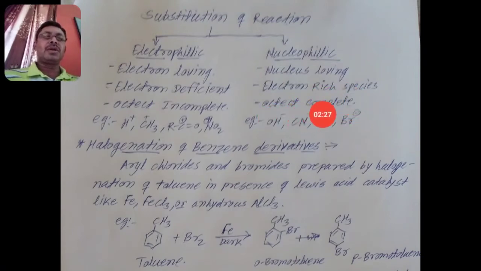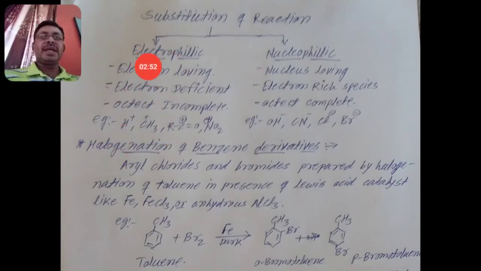For example, OH negative, CN negative, Cl negative, or Br negative. The substitution by negatively charged species is known as nucleophilic substitution reaction. The substitution by positively charged species is known as electrophilic substitution reaction.